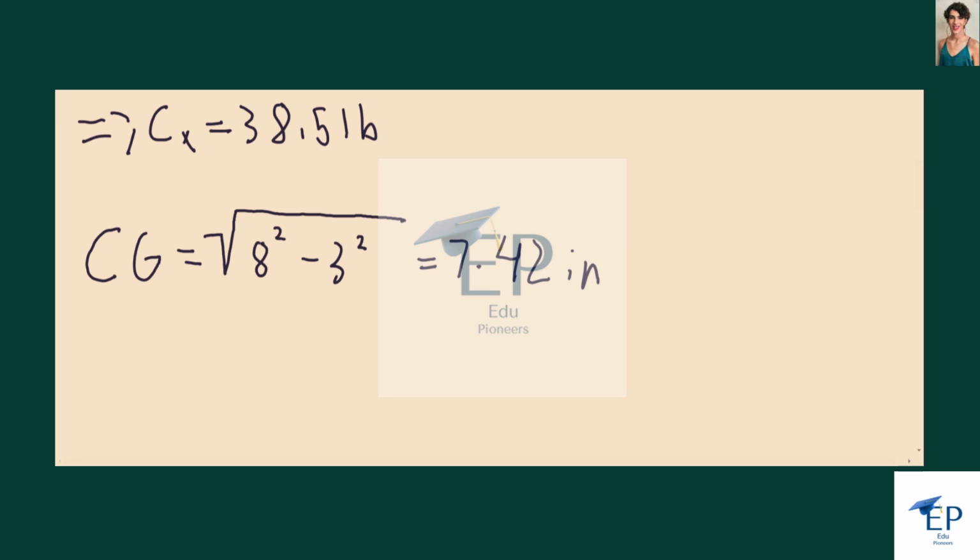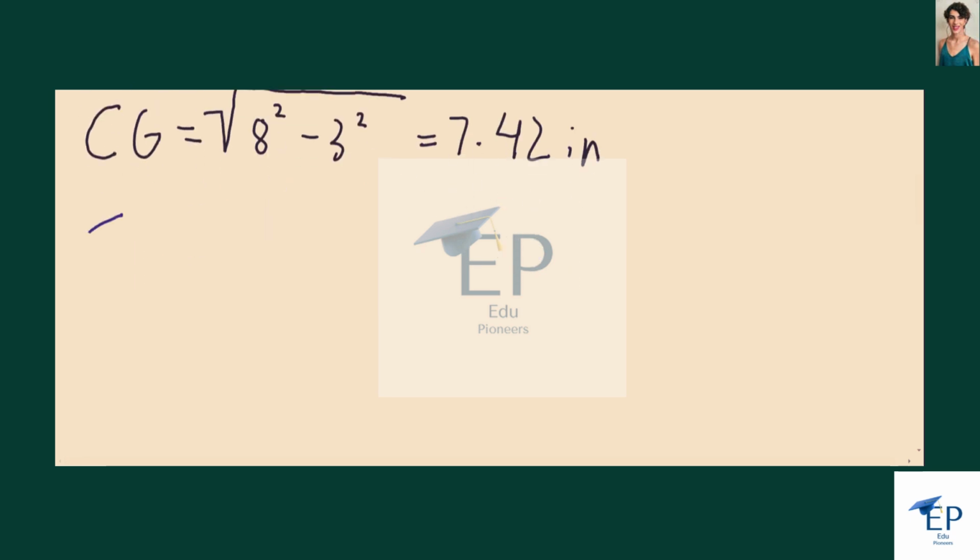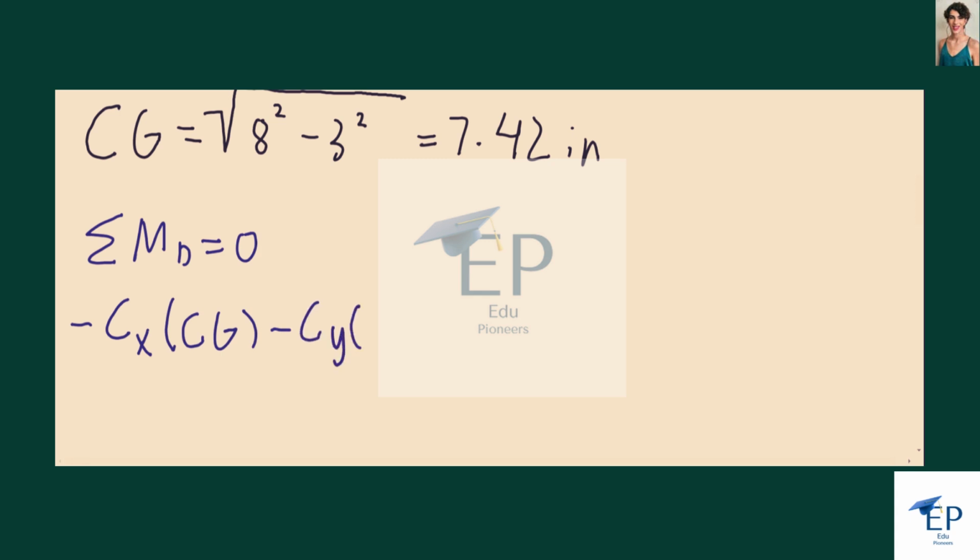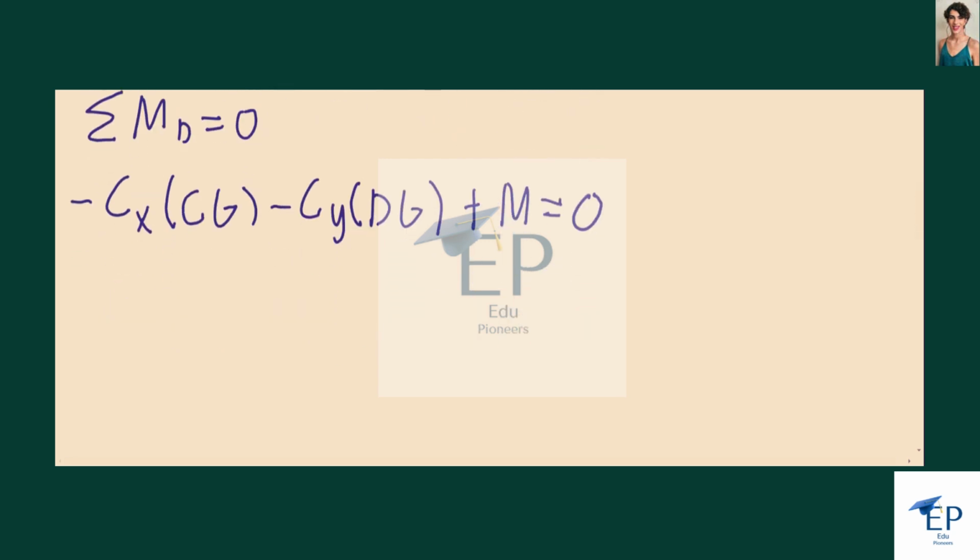Now we can take the sum of moments about the point D. The sum of moments about the point D is equal to 0, and we can write that expression as negative C of x times CG, minus C of y times DG, plus the moment that we're trying to solve for, and set that equal to 0.